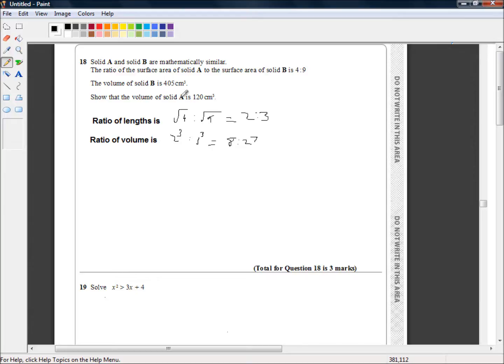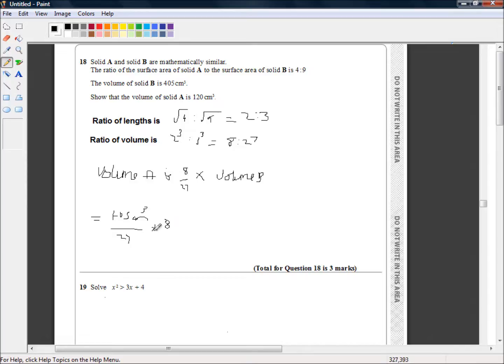So the volume of solid A is going to be 8/27ths of the volume of solid B. So volume A is 8/27 times volume B, which is equal to 405 centimeters cubed divided by 27 times 8.